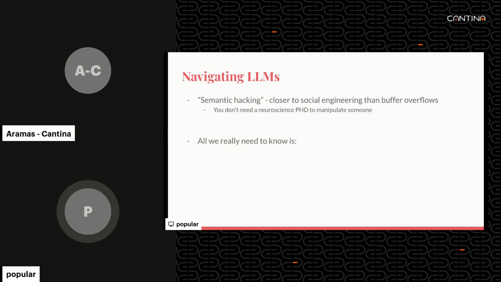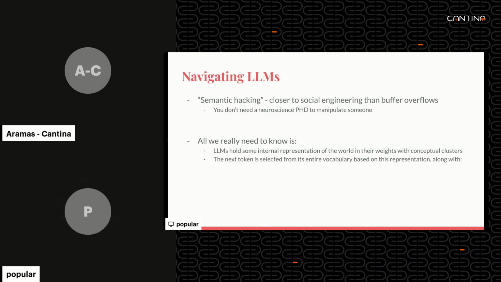And so all you really need to know is that LLMs hold some internal representation of the world in their weights, with some sorts of conceptual clusters like blue and sky, like we were covering before. And the next token is selected from the entire vocabulary based on this representation of the world, along with the tokens that we gave in the input. That's the combined system and user prompts, and the tokens it has output thus far.